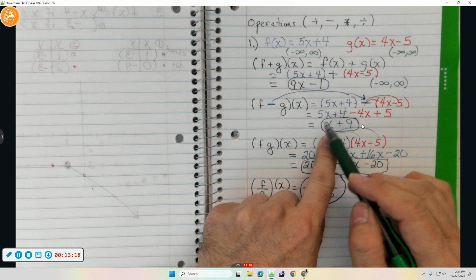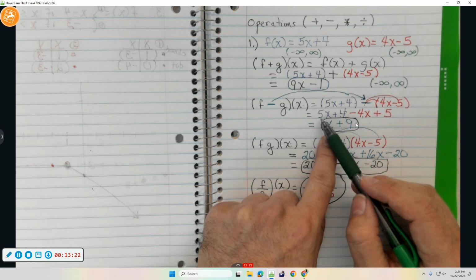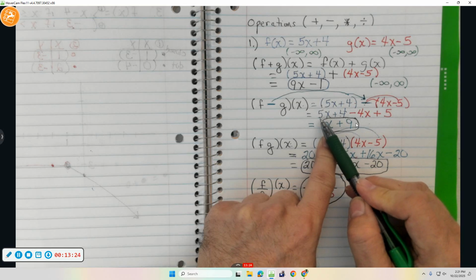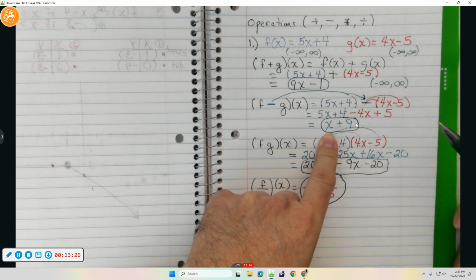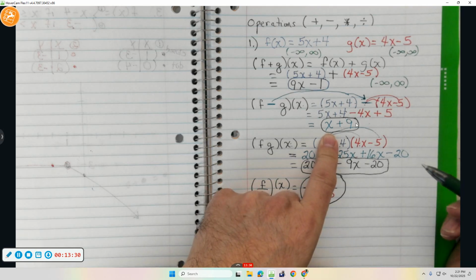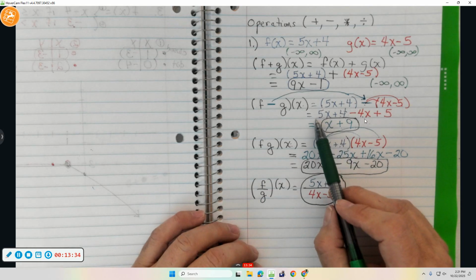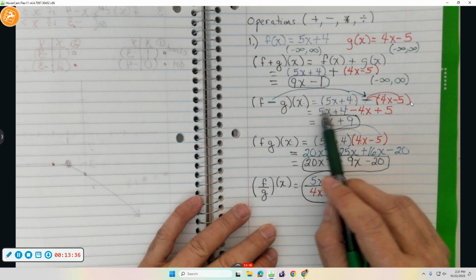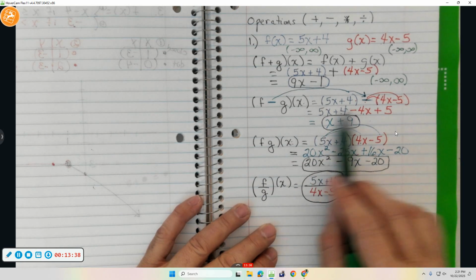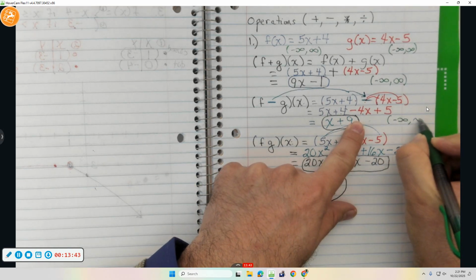Once again, you're not just looking at the final answer, because you could have had a square root in one problem and wound up subtracting another square root, so it disappeared, and you wound up with something without a square root. So you look through and make sure there's no square roots or fractions anywhere in the work, and there aren't. So all real numbers.